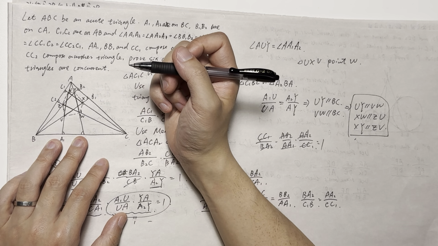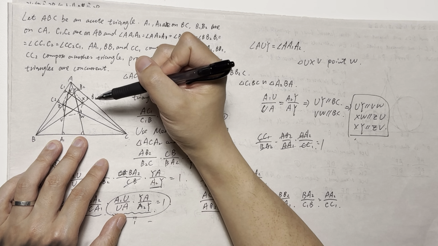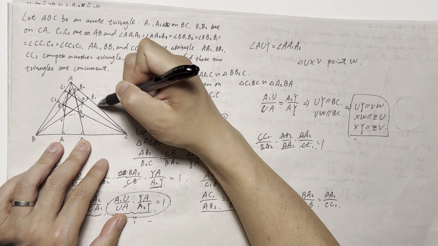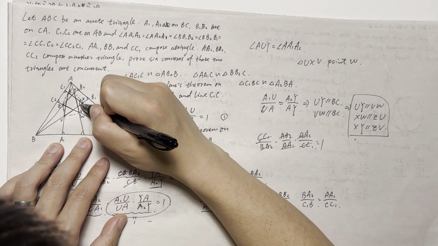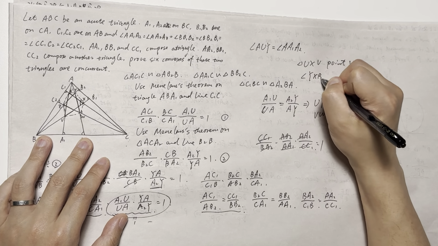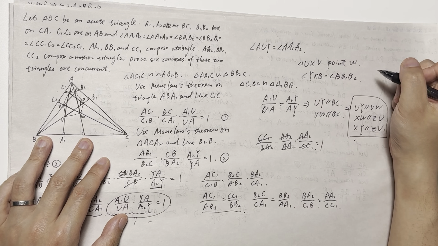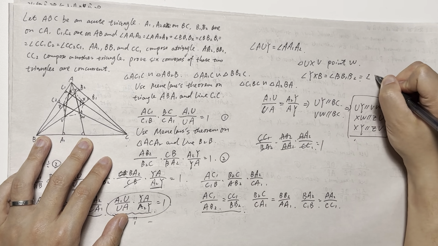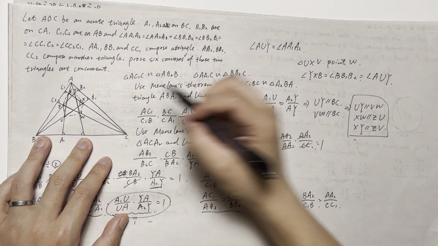So the angle, because this one is parallel with this one, that means here angle YXB equals angle BB1B2, and this also equals angle AUY, right?